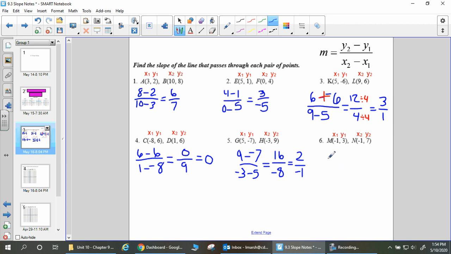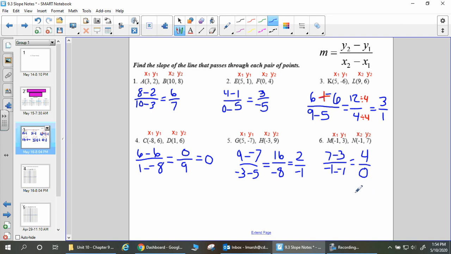And the last one here, looks like I've got 7 minus 3 for the top, negative 1 minus negative 1 for the bottom. 7 minus 3 is 4. Negative 1 minus negative 1 is going to be 0.